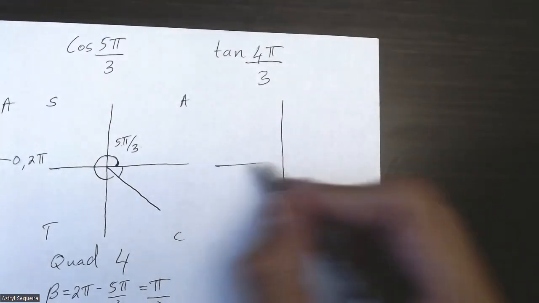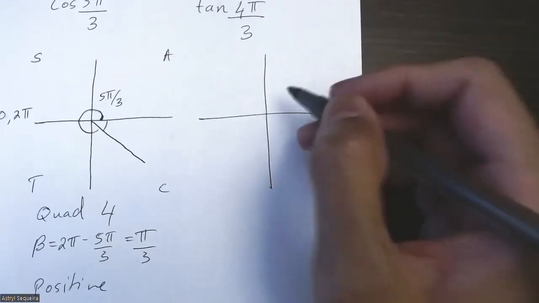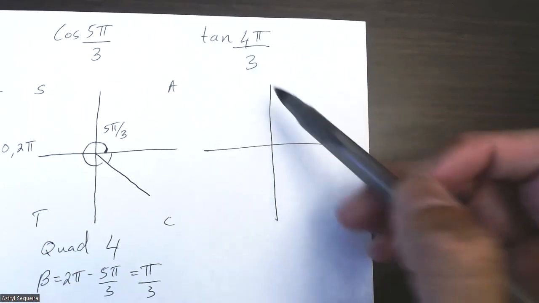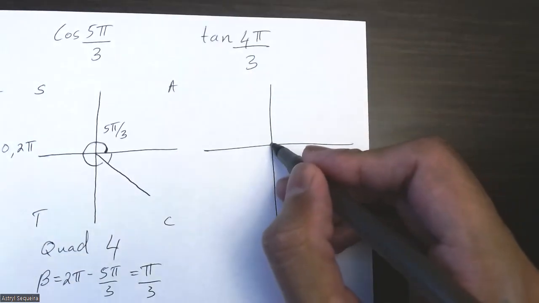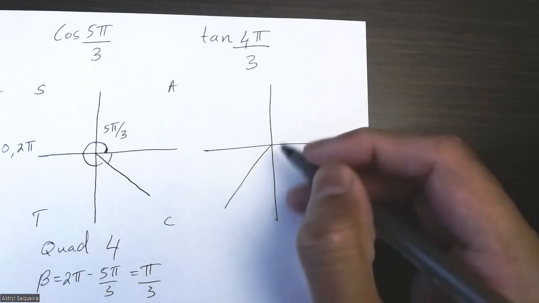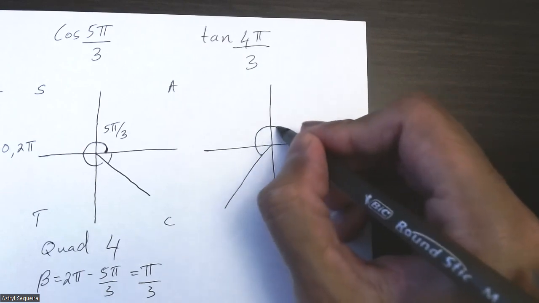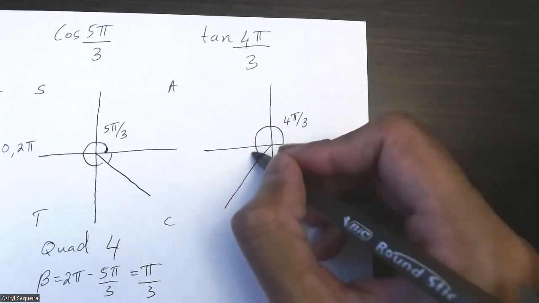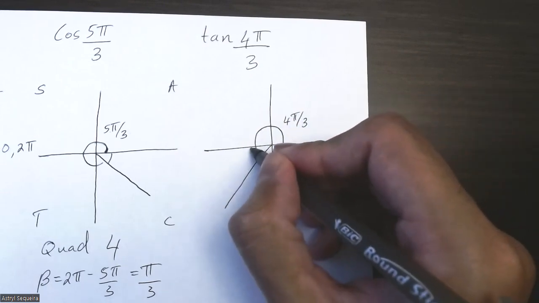Let's do this third example. 4 pi over 3 is slightly more than 1, but slightly less than 1.5. So I know I'm in quadrant number 3 over here. Principal angle here is 4 pi over 3. Now we need to find the acute angle here with the horizontal.